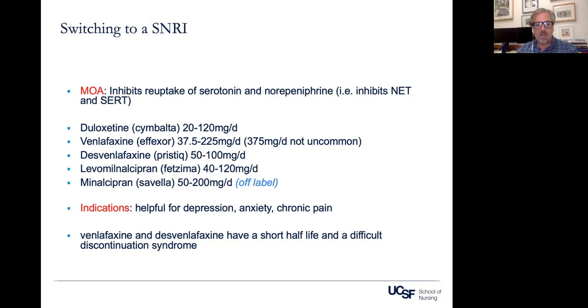In the United States, its labeled use is for fibromyalgia pain. But these medications are all useful for depression and anxiety, and they also have utility in treating neuropathic pain. So you may see patients who are being managed for chronic pain taking these medications as well as for depression.